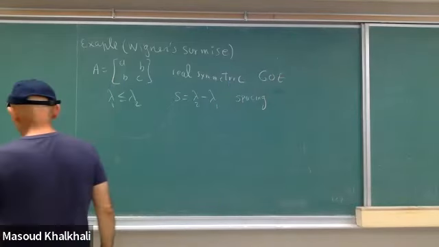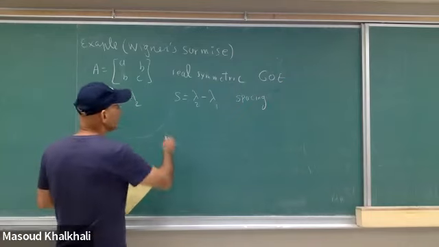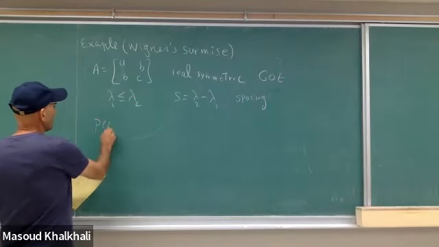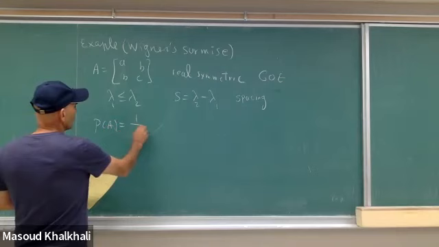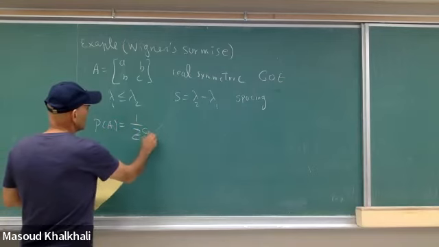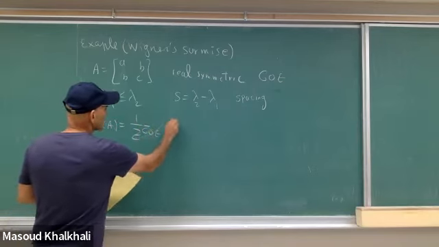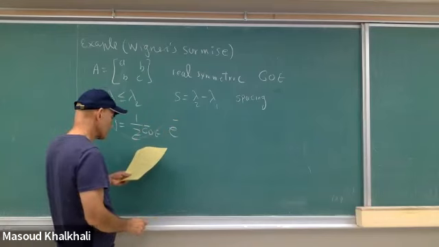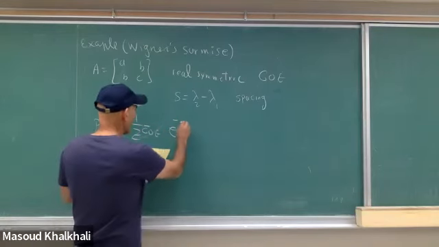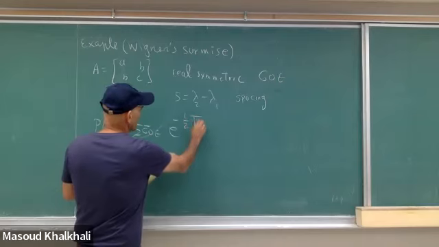As we studied, the probability of some matrix A is 1 over Z_GOE, times the exponential of minus something like 1/2 trace of A squared.